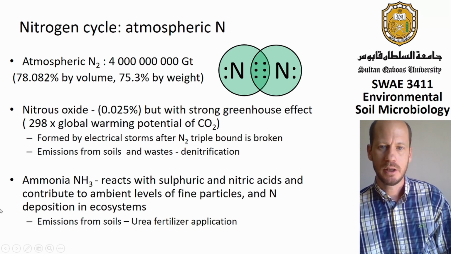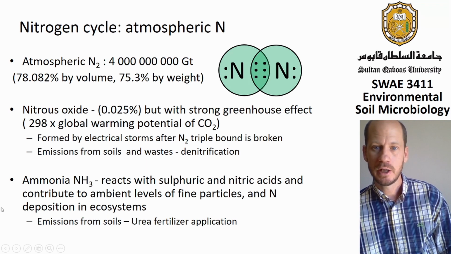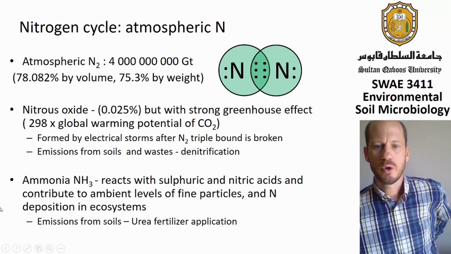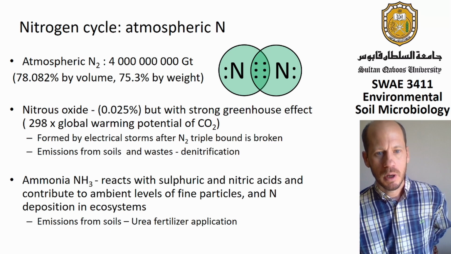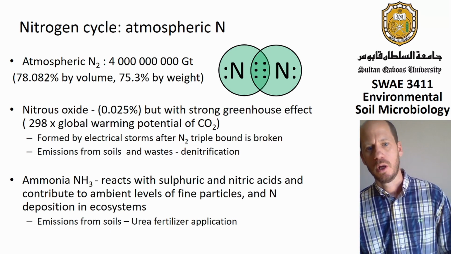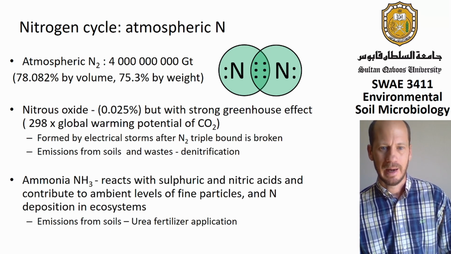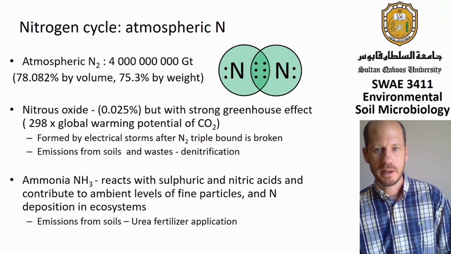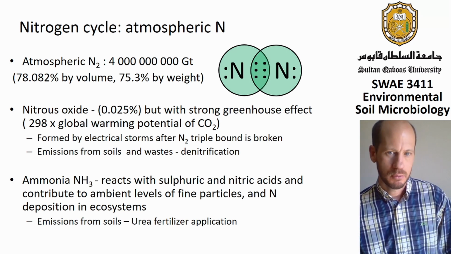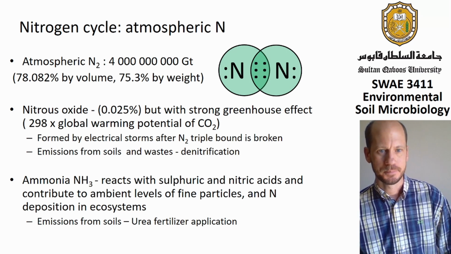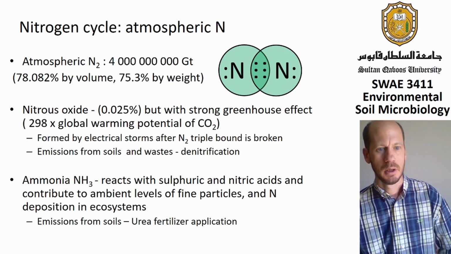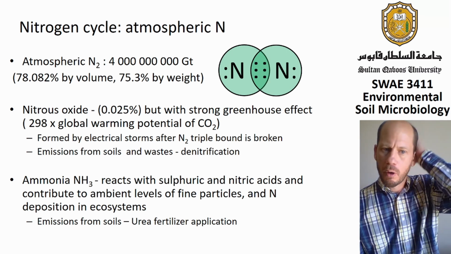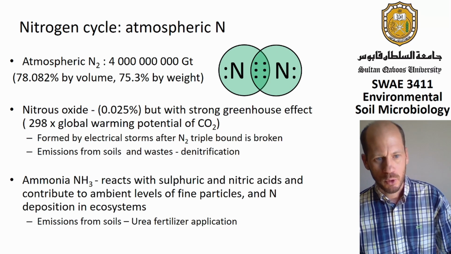Nitrous oxide is usually emitted during the denitrification process, but it can also be generated by electrical storms and lightning, which break down the N2 molecules and oxidize them into nitrous oxides. The other form of atmospheric nitrogen is ammonia.